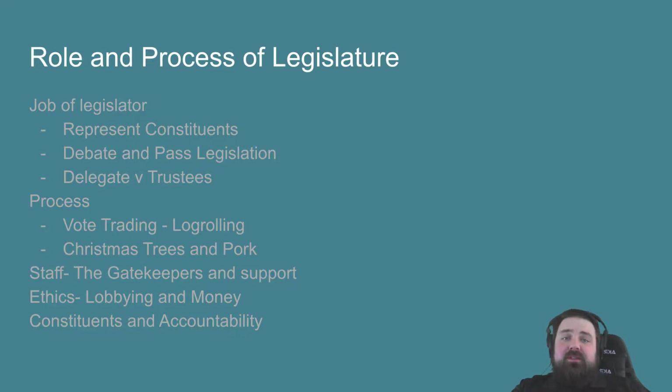The rest of the staff fills a support role to help the legislator with the jobs they're trying to do, to hear constituent needs and push things forward. They help the congressperson do their job as well as keep them on track, making sure the things that need to be brought to the congressperson's attention get there. They do a little bit of triage and gatekeeping to do that.